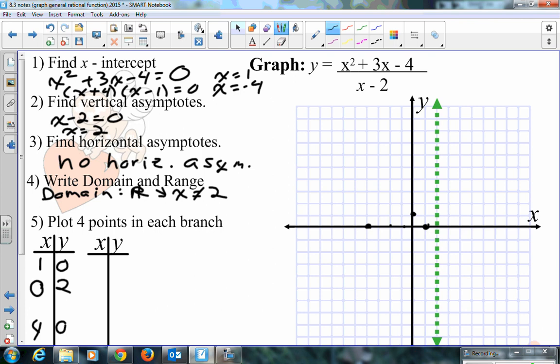Let's try another one in there. Let's try 2. Oh, no, not 2, negative 1. I'm going the wrong direction. Let's do negative 1.